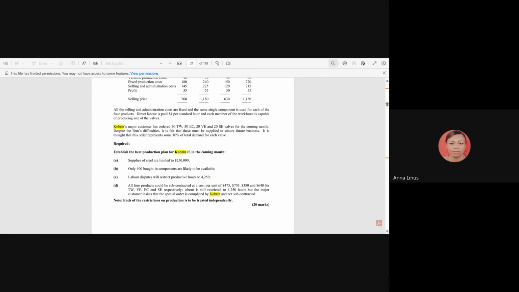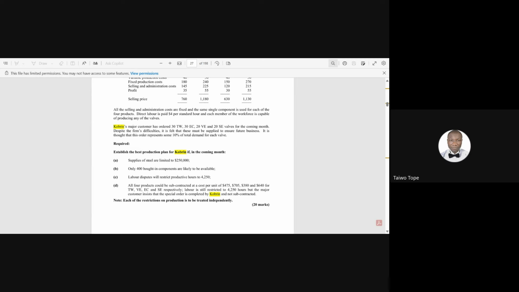Labor is still restricted to 4,250 hours, but the major customer insists that the special order is completed by Cobrin and not subcontracted. Note: each of the restrictions on production is to be treated independently.